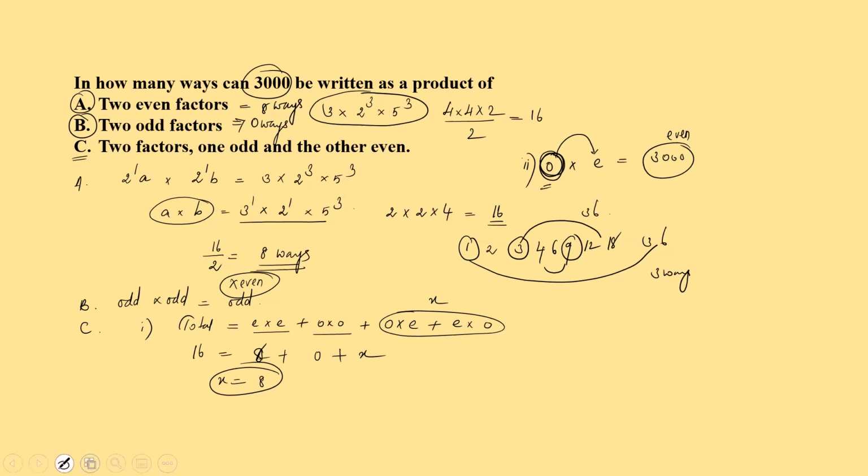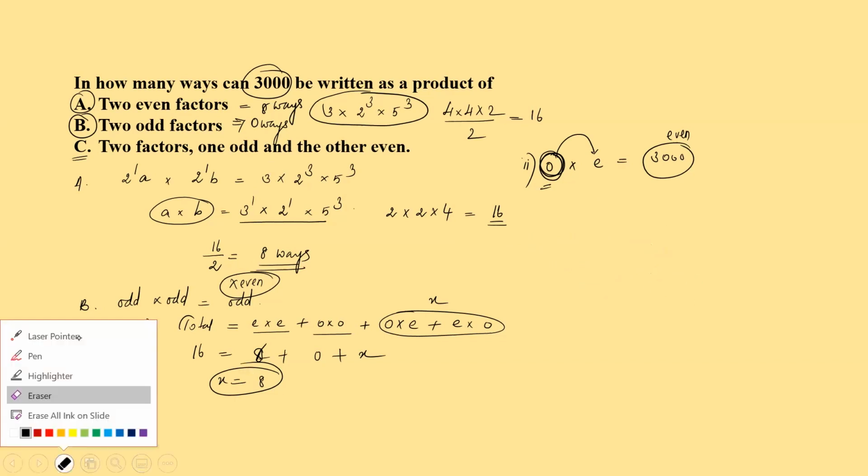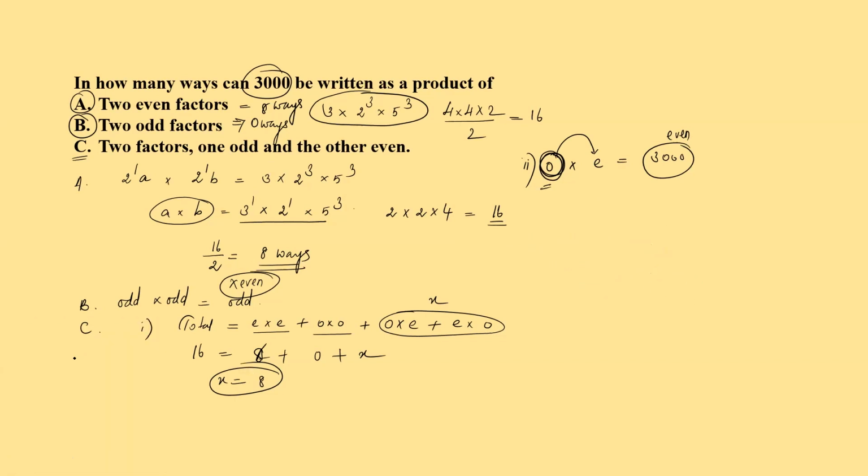So your job here is to figure out the number of odd factors. The question is the number of ways in which you can write 3000 as a product of two factors, one of which is odd. So this can be rewritten as: figure out the number of odd factors of 3000. That means it should not be a multiple of 2, so the power of 2 could be only 0.